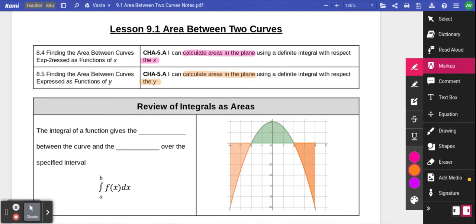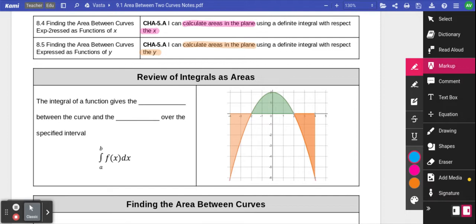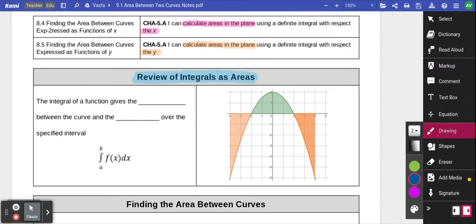Before we do any of that, I want to start with a quick review of what you guys already know. So what we learned earlier this year is that integrals are just areas. The first time we ever talked about integrals, we said that when you compute an integral, you're finding the area between the curve that you graph and the x-axis over a given interval.